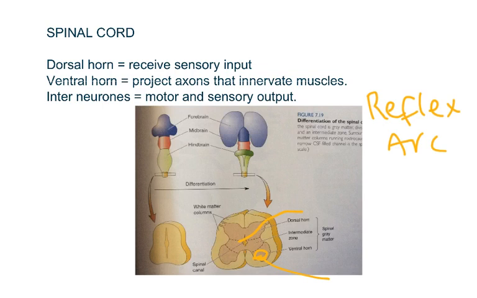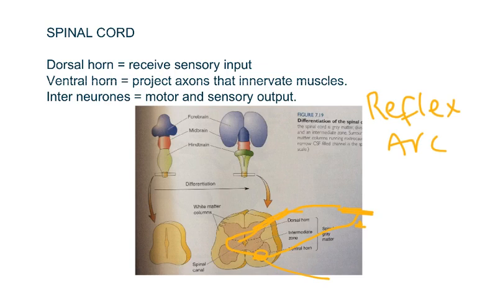So say you've got your hand there, that's my diagram of a hand, it's very complex, and you've got a pin, and you put your hand on the pin. That information is relayed so quickly, all it does is travel through the dorsal horn in the spinal cord, through the ventral horn, and then back up to the hand to move it away from the pin.